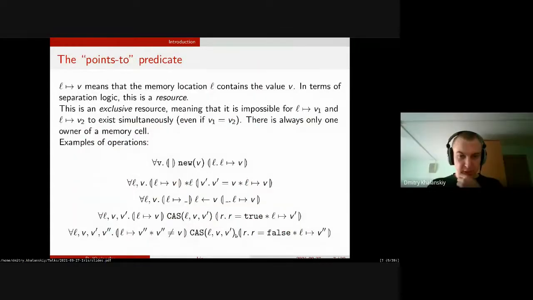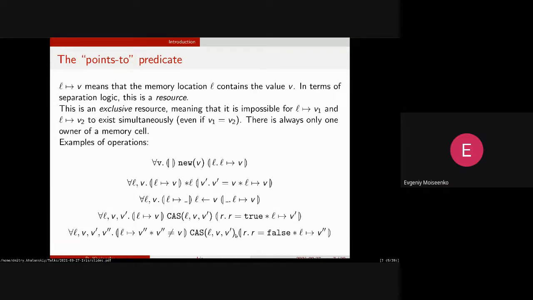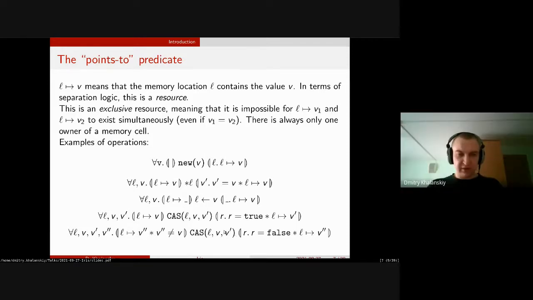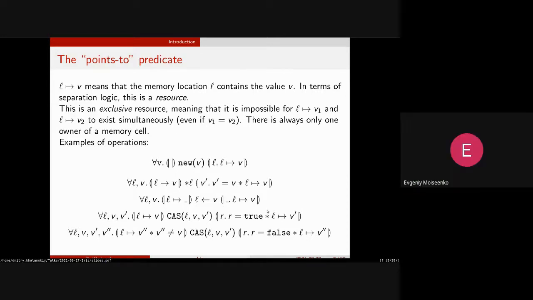Okay. Any other questions? So for the dereferencing rule, is it important that we have here a separating conjunction? Can we replace it with usual conjunction here? Here it is not at all important.